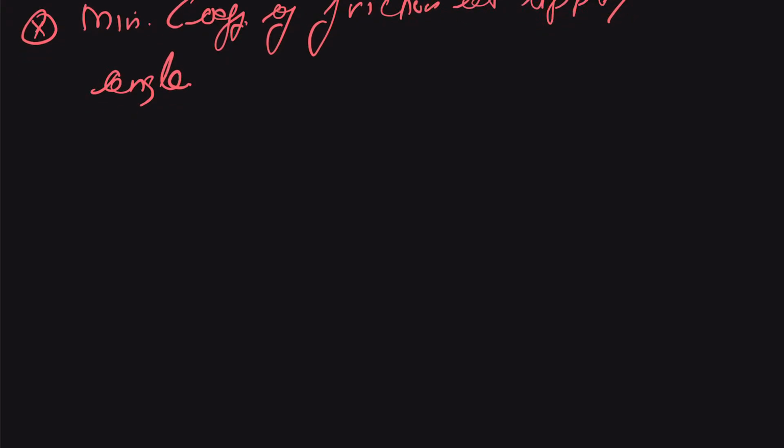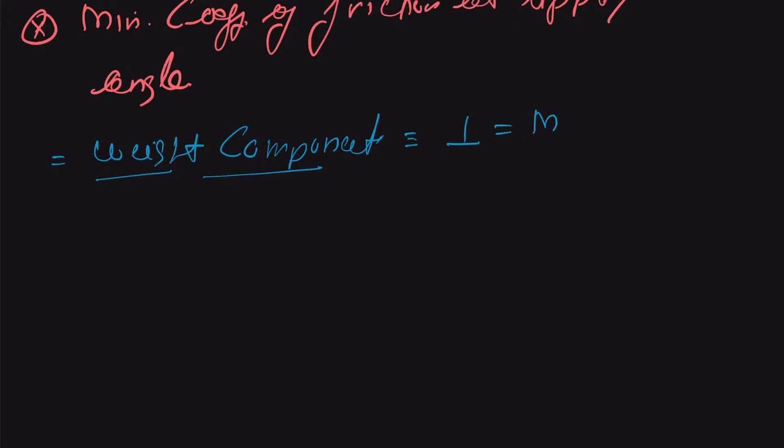One will be parallel, other will be perpendicular. The perpendicular weight component is mg cos of theta, the tipping angle. The other one will be our parallel component, which is mg sine of theta, the tipping angle.